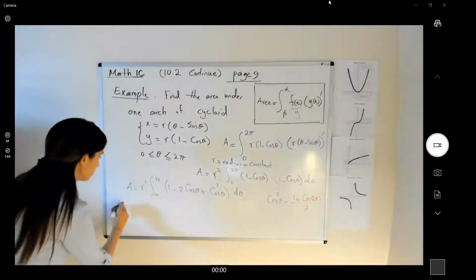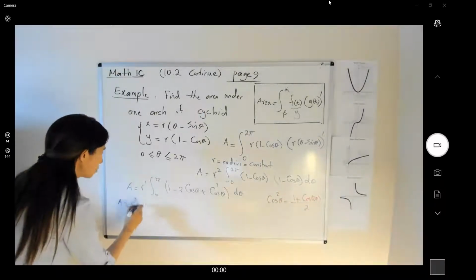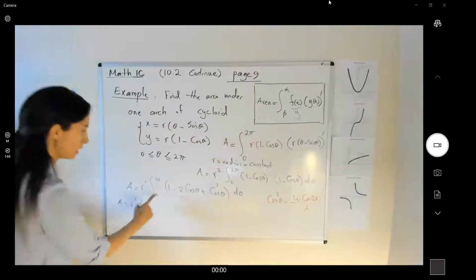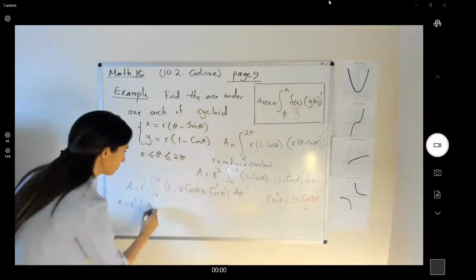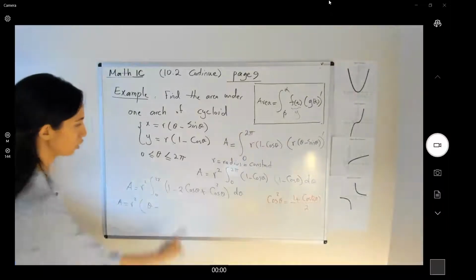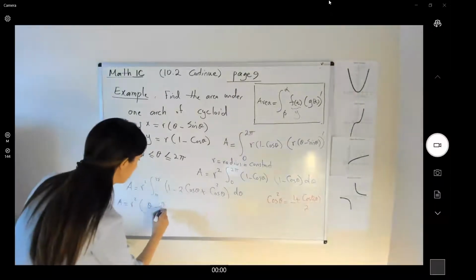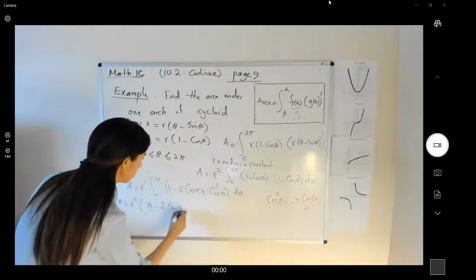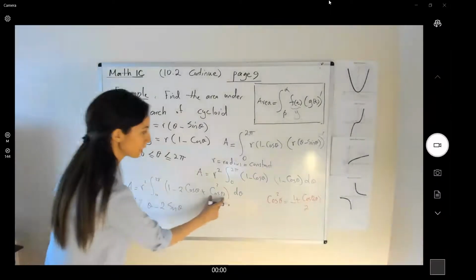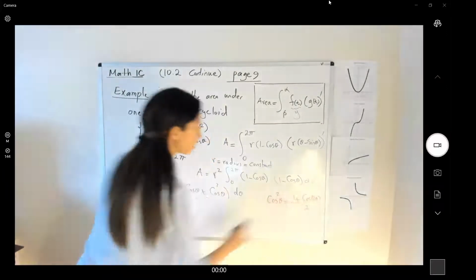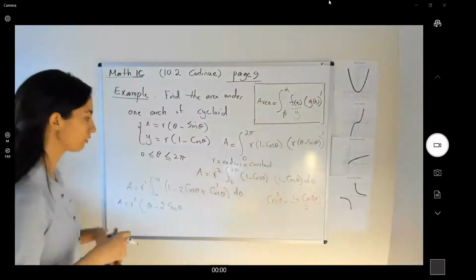So the area is equal to r squared. The integral of 1 is theta, minus 2 times sine theta. And here we can replace cosine squared by 1 plus cosine 2 theta divided by 2.